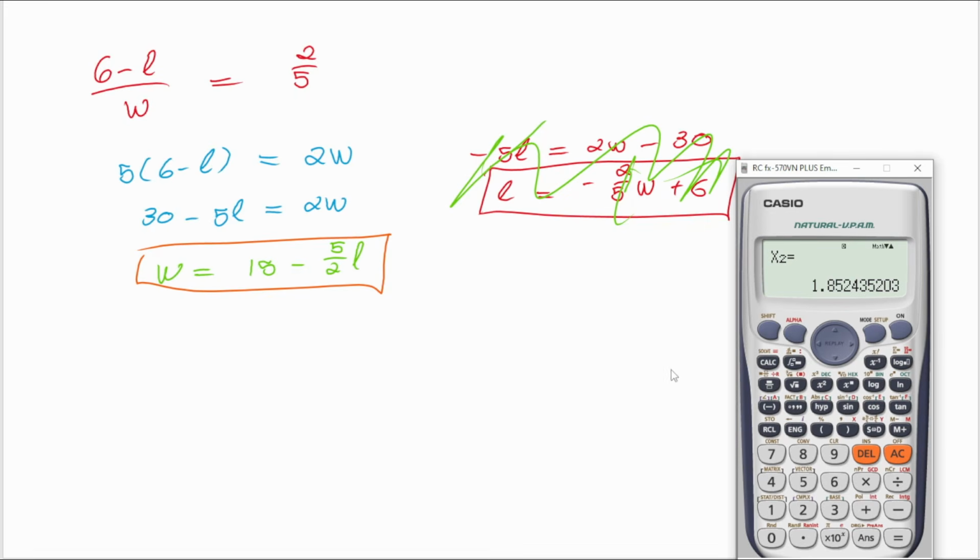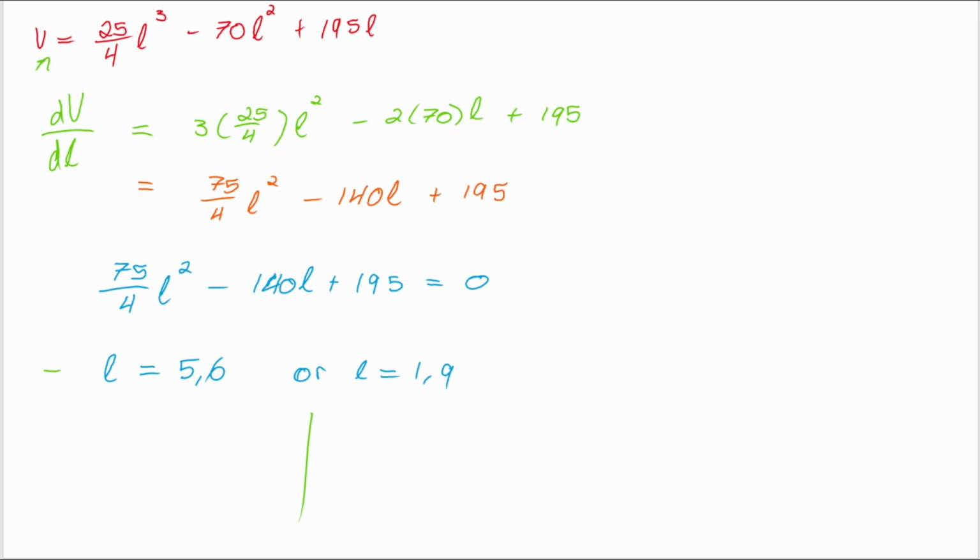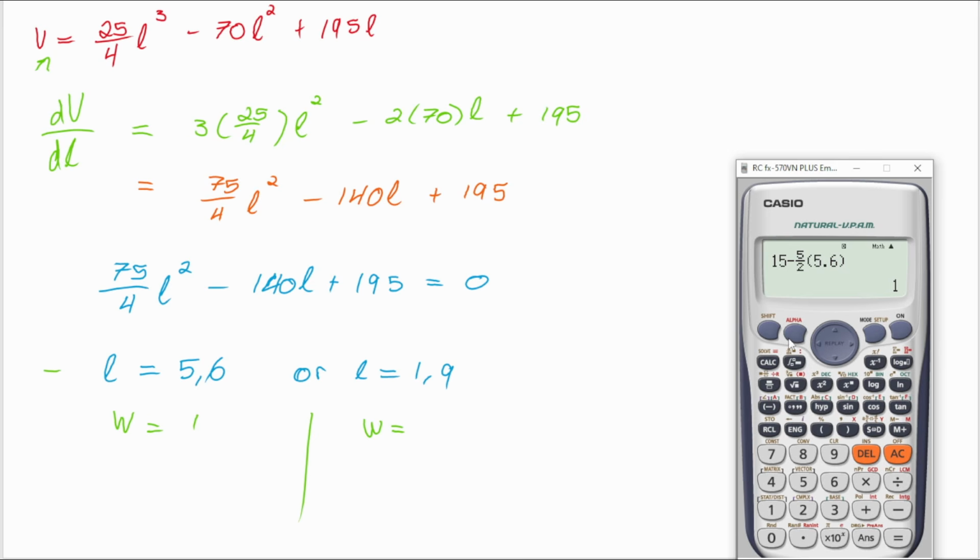If we go back to the calculator, we say 15 minus 5 over 2, and then we'll try the first one first, 5.6. We get that our width is 1. And if the other is our answer, our width is equal to 10.25.